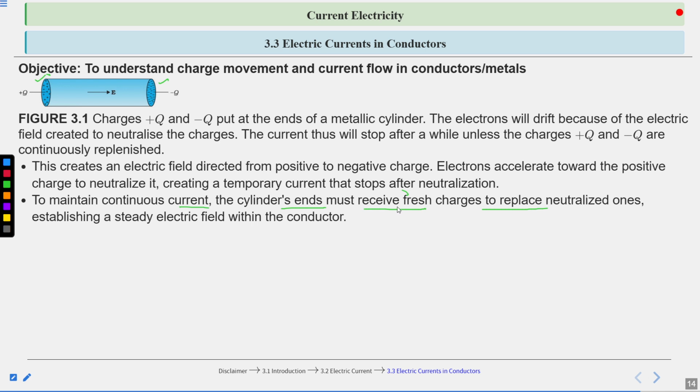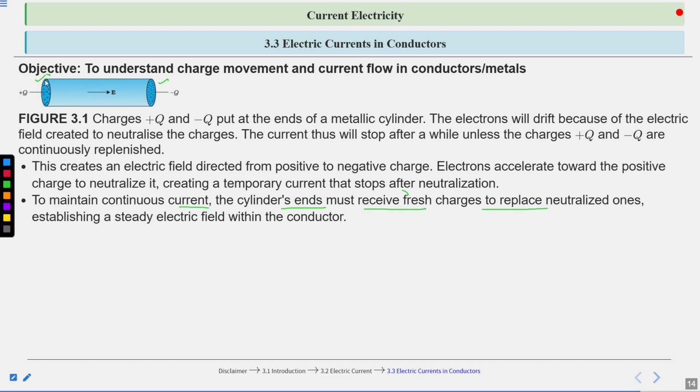Then the accumulation of fresh charges on the terminals also stops, due to which the potential difference that is created by these charges on the terminals of the cell vanishes, becomes zero, due to which the cell stops working. Okay, so this is the mechanism of the cell.